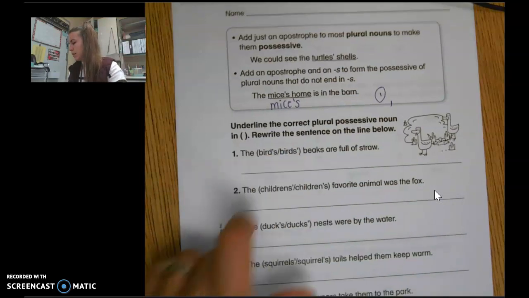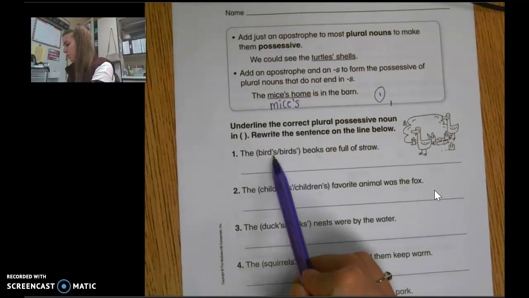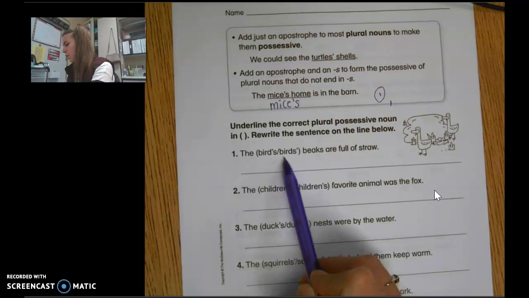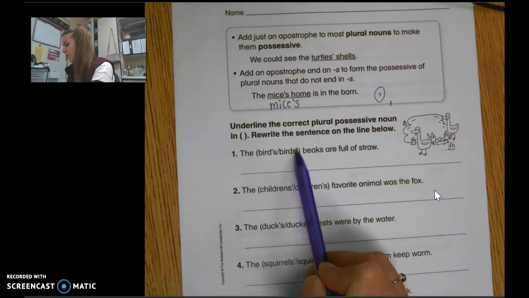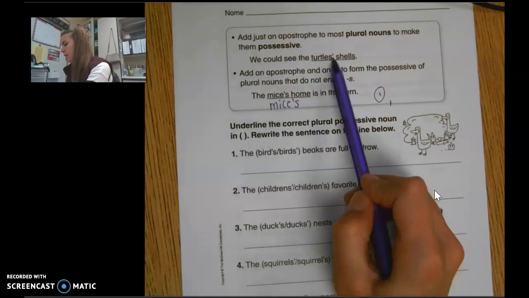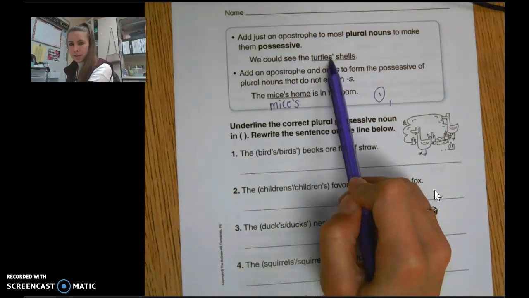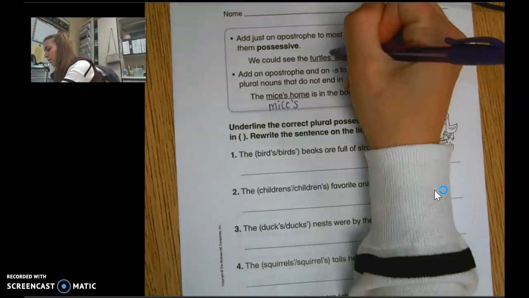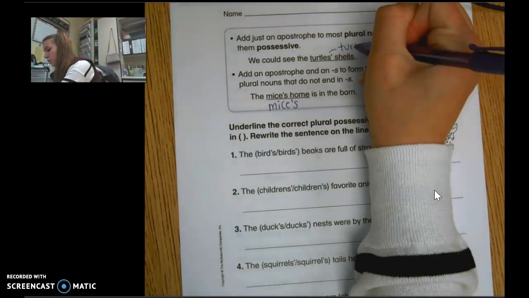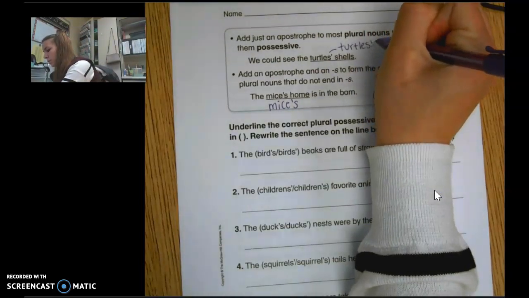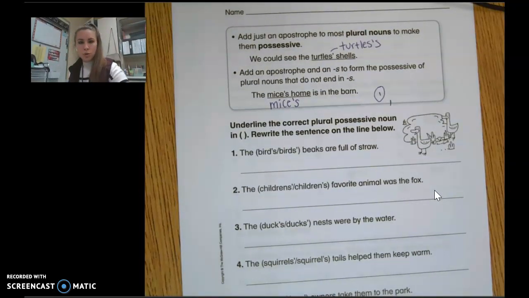I have 2 choices here. I could say birds with apostrophe S, or I could say birds with an apostrophe at the end. I put an apostrophe at the end when there's already an S at the end, because I don't want to have two S's.